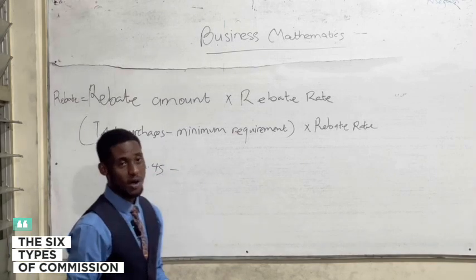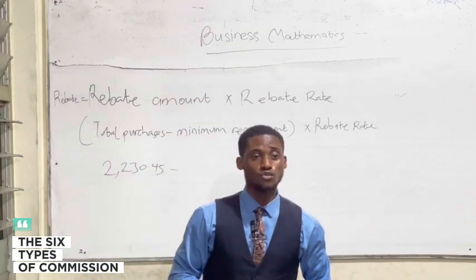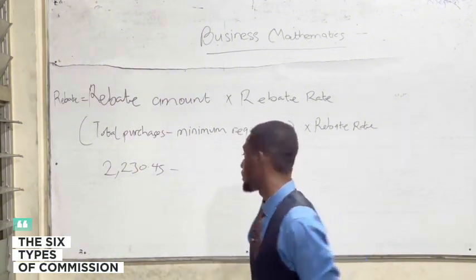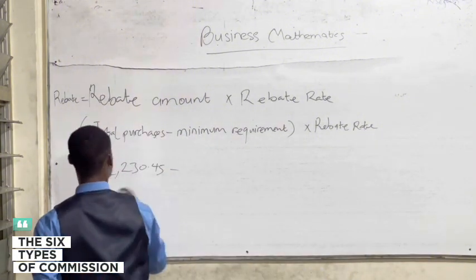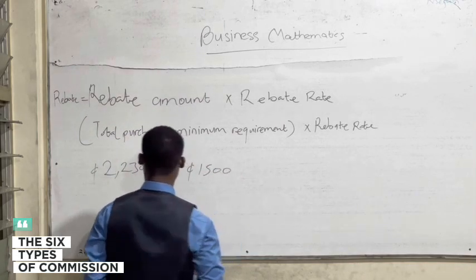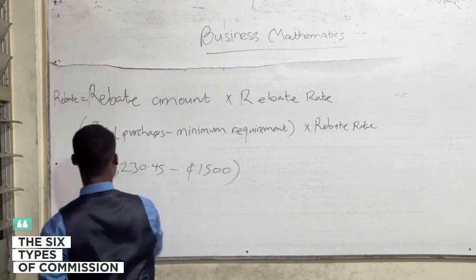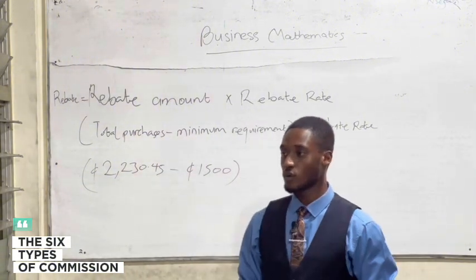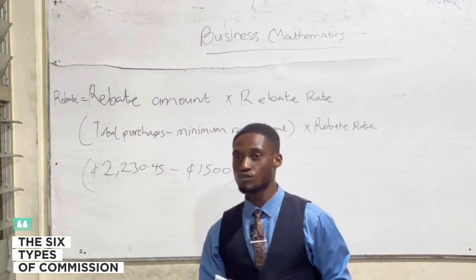And the minimum requirement was the quota you are to exceed, which was 1,500 cedis. And the rebate rate which was given was 4.2%.